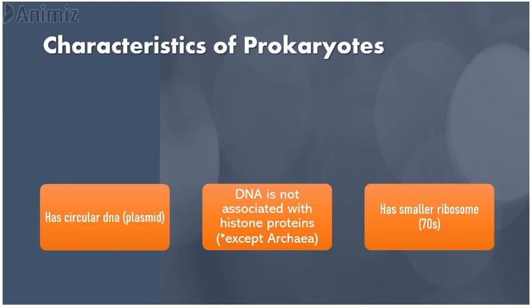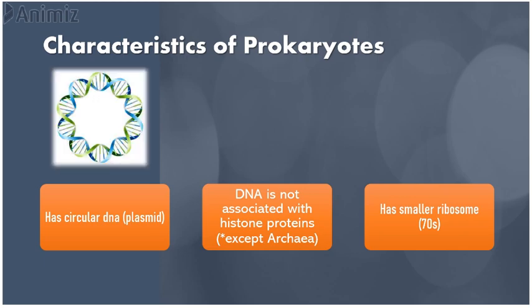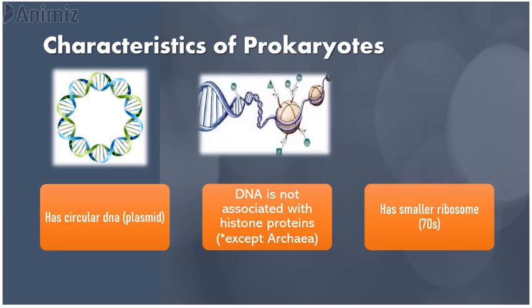Okay, another characteristic of prokaryotes is that they have circular DNA, which is called plasmid, and the DNA in bacteria or prokaryotes is not associated with histone protein. So histone proteins are proteins around which DNA is coiled.